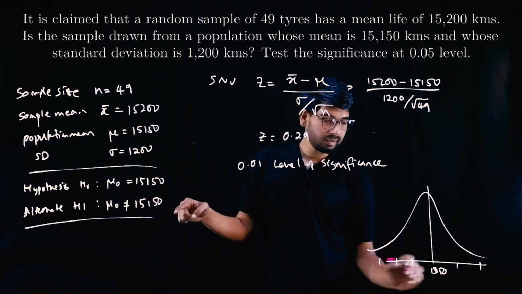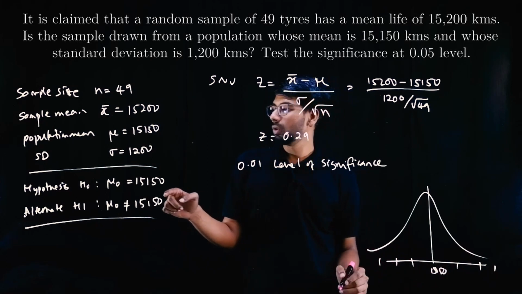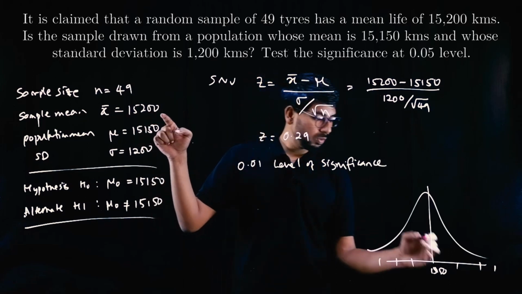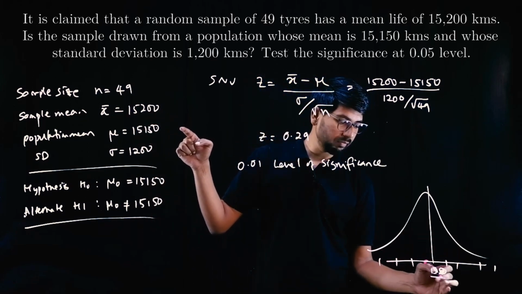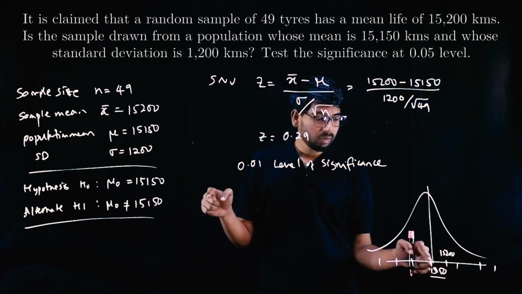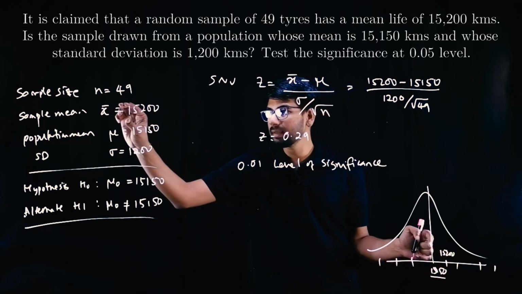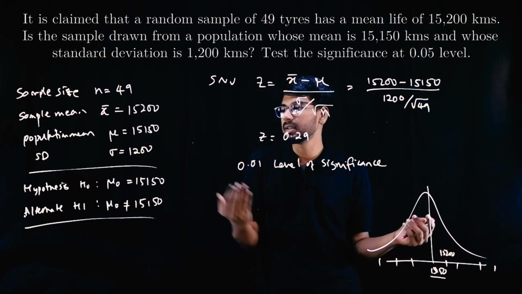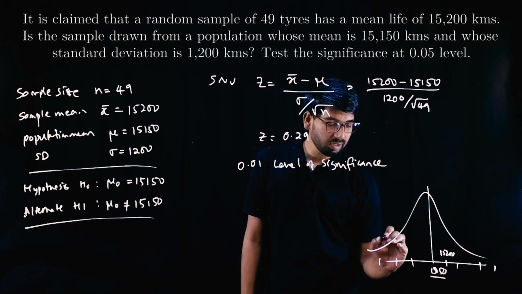The sample mean 15,200 will be here. And how far can the sample mean go, after which we will not consider the population mean to be true? So let's put a limit here.